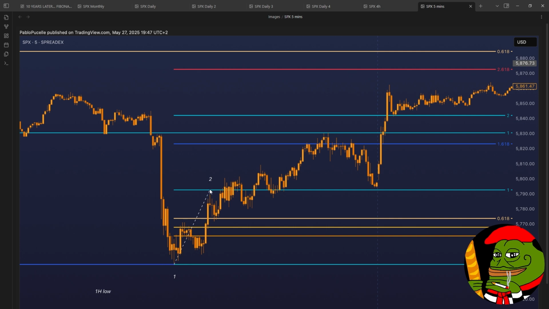And what happened is that price, once you see it here, because you want to wait for the first bearish candle once the high is broken, you see that we retrace to 0.618. So of course, sometimes it can go deeper or not, but you are still within the golden ratio here. And then price, okay, goes and does its thing.